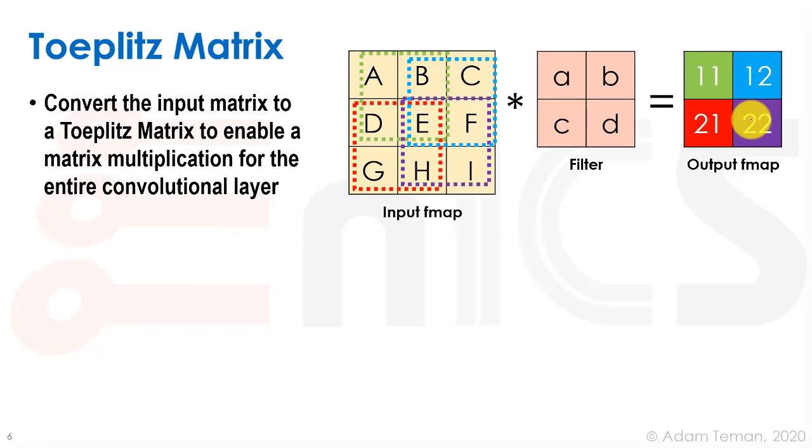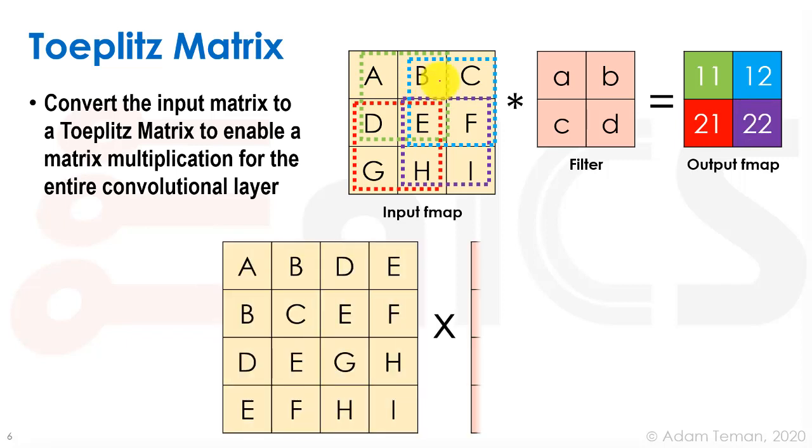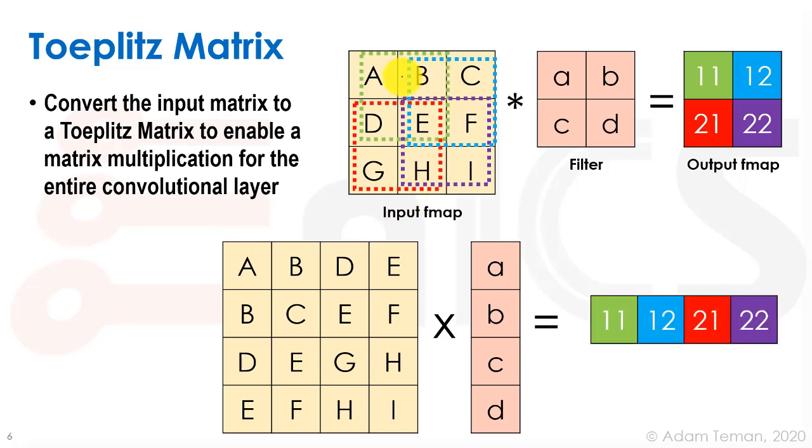That again would be making 4 dot products. But instead, we can rearrange our input map and make a new matrix that now has A, B, D, E; B, C, E, F; D, E, G, H; E, F, H, I. A, B, D, E times A, B, C, D is exactly this first convolution over here, our green output, which we called 1,1.